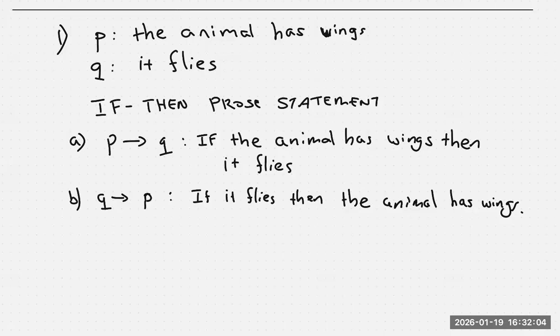The only thing I can think of right now is dinosaurs, but we have to prove that they existed first. You're on the right track. So based on what you're thinking, is it false or true? I'm thinking false because the animal can have wings and not fly. Right. So you're correct. No, it is false.